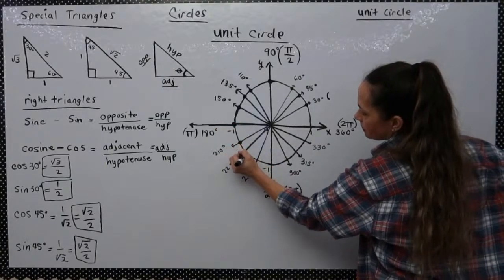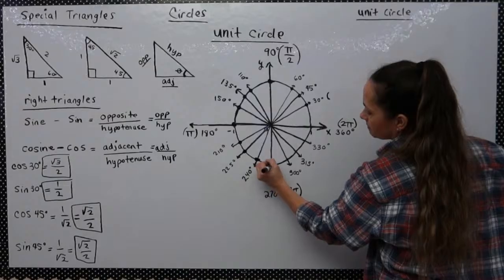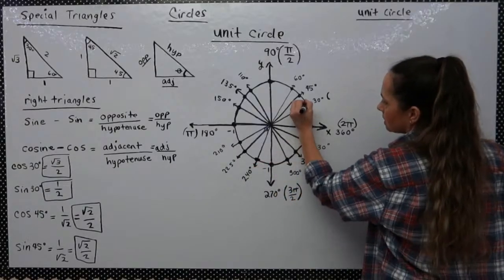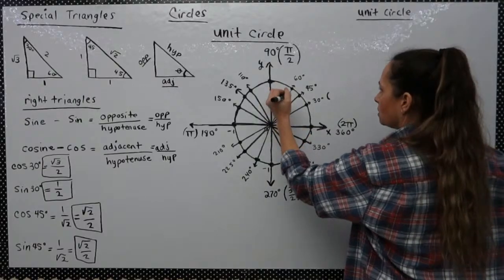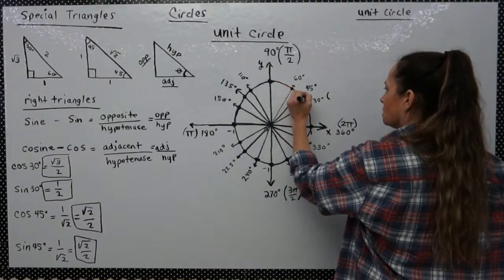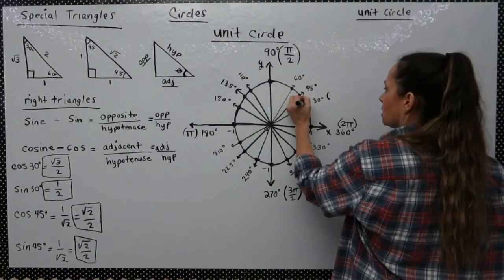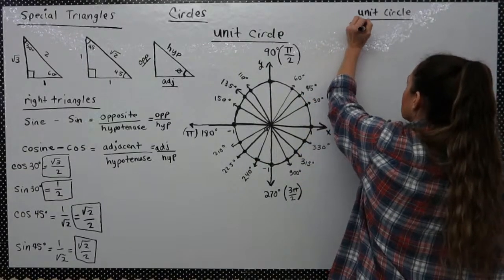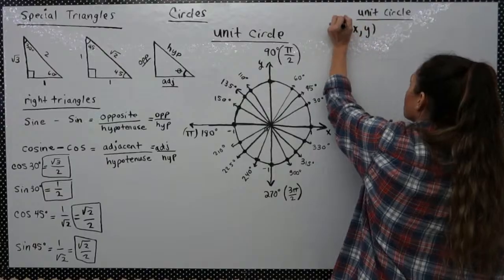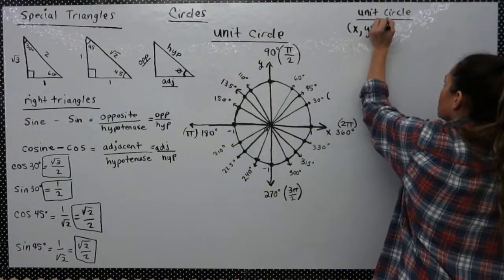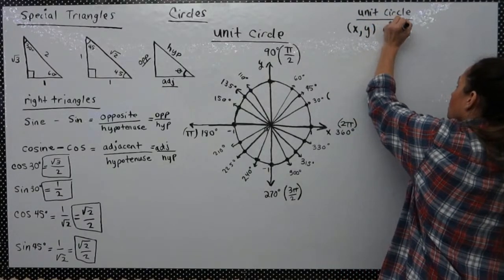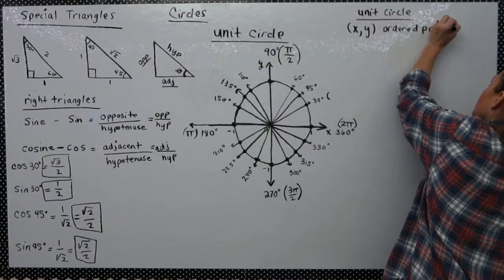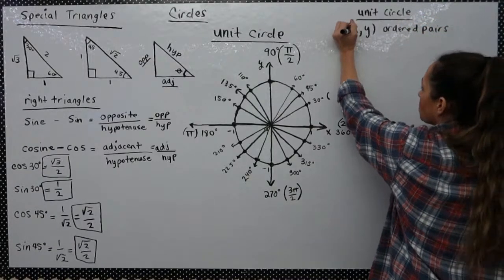And one of the beauties of the unit circle and the usefulness of it is that if we ever need to know the location of these points, then you have an x component and a y component. So ordered pairs. So you can calculate the ordered pairs.